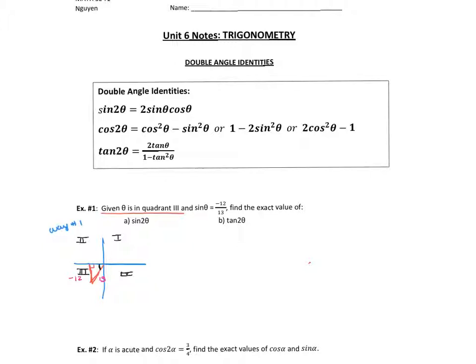Okay. You can simply use Pythagorean theorem or recognize that this is a Pythagorean triple to come up with negative 5 for your cosine. And it makes sense that that's also negative because that's the x component of my triangle. Does that make sense? Okay. Now, to actually evaluate sine 2 theta, you simply look above, and you know that sine 2 theta is equal to 2 sine theta cosine theta.